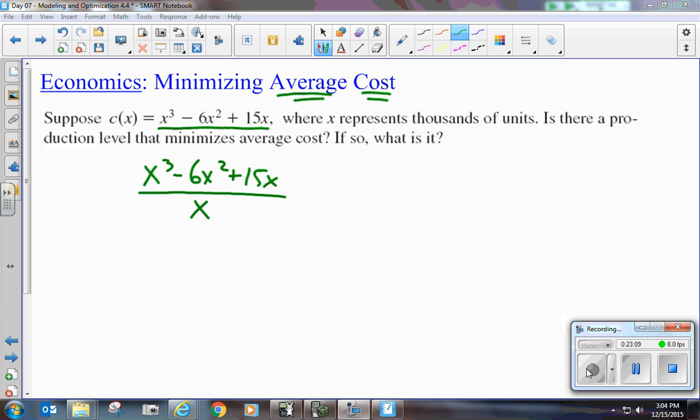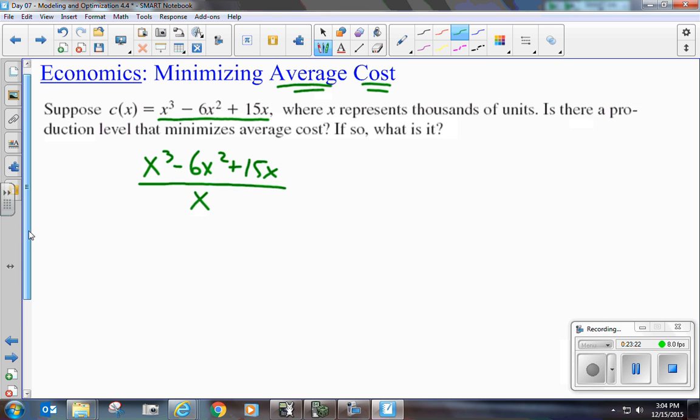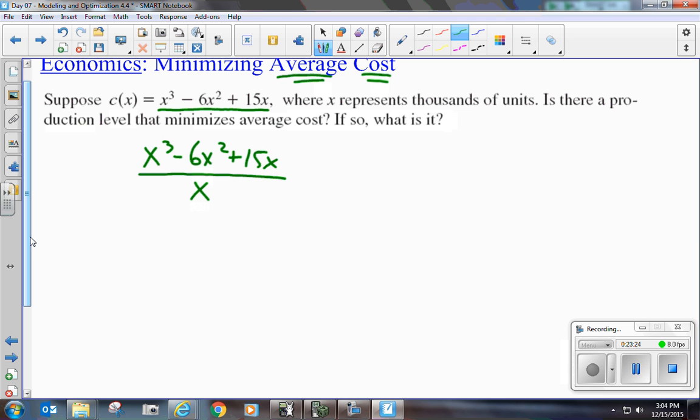If I'm taking some value x and I'm cubing it, subtracting 6x squared plus 15x, we don't want to take that per value of x. I just divide it by x. So, really, this is c of x, that's my cost. This is per units, and divide it by my per unit, and that will give me the average cost.